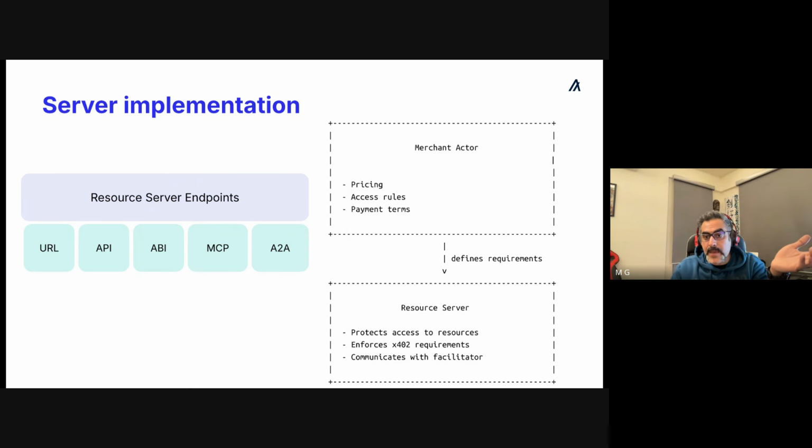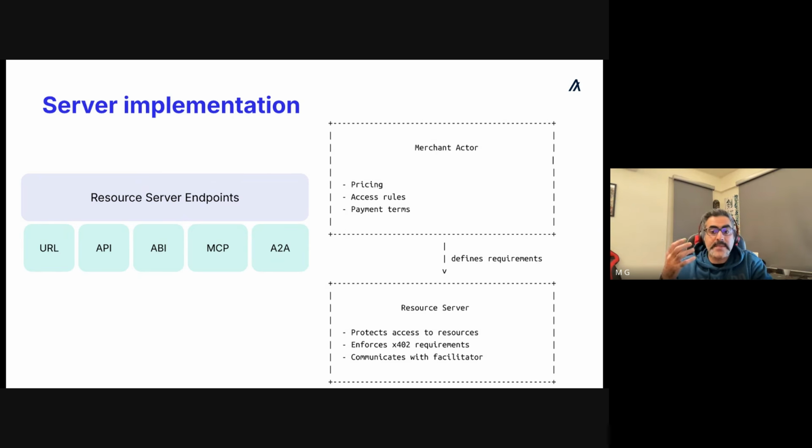You may have some API, where all of the API or some selective endpoints of that API can be protected, so you request payments for them. Or maybe you have on some sub-level some ABI, which is completely protected, or has some protected methods that you wish to get paid for in order to deliver them to the end user.